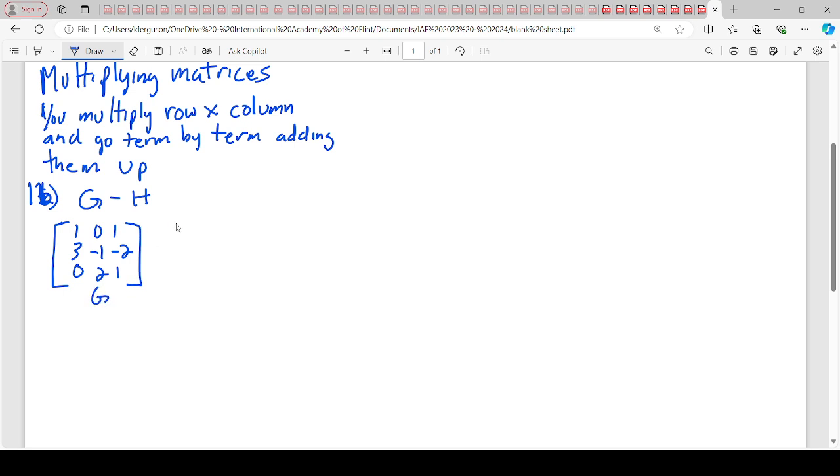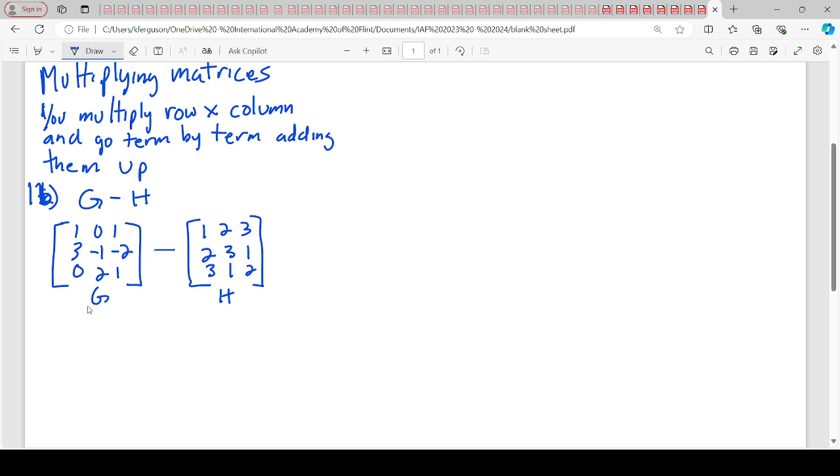So that's G minus 1, 2, 3, 2, 3, 1, 3, 1, 2. That's H. So now we're subtracting.